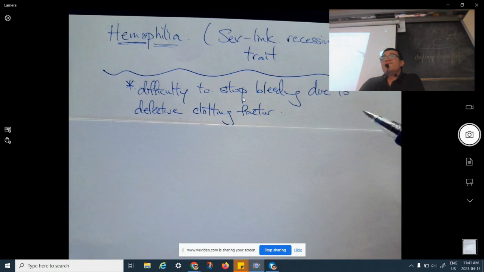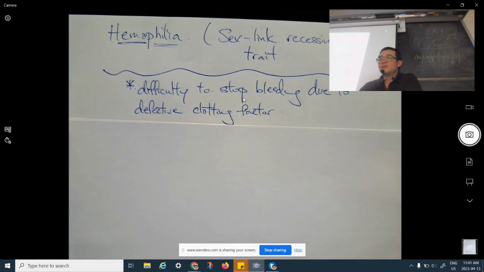Now, this is also a very, very famous genetic condition. Anyone want to guess why? It was a long time ago, where people died because of it. Okay, not necessarily just because of that.